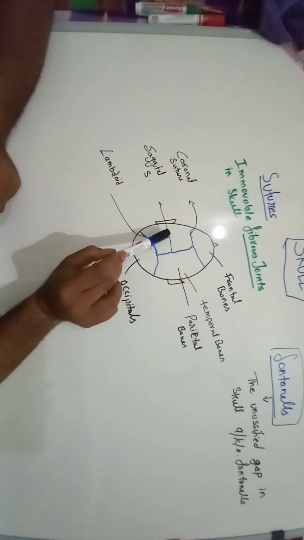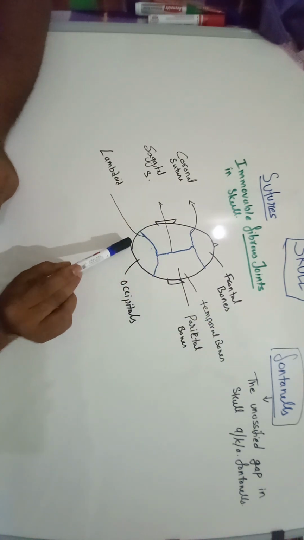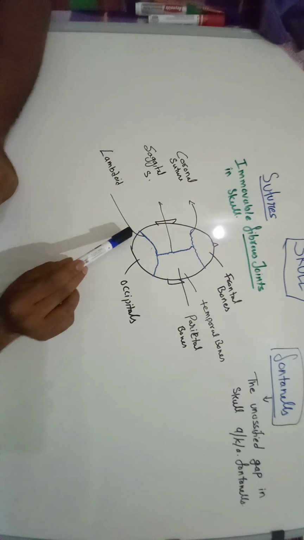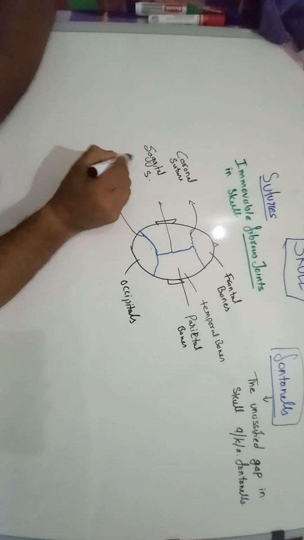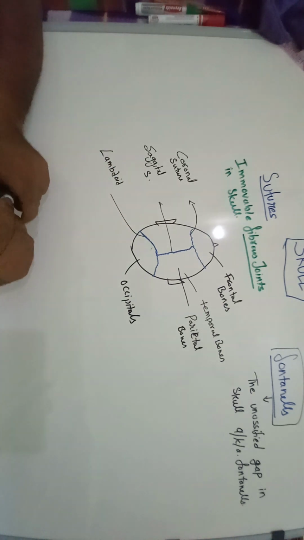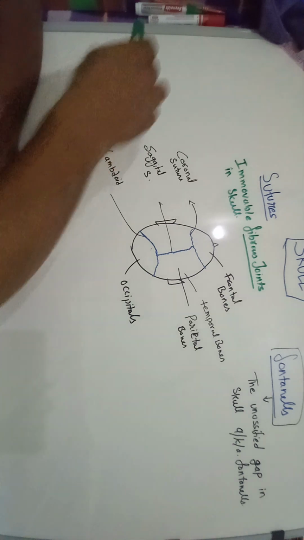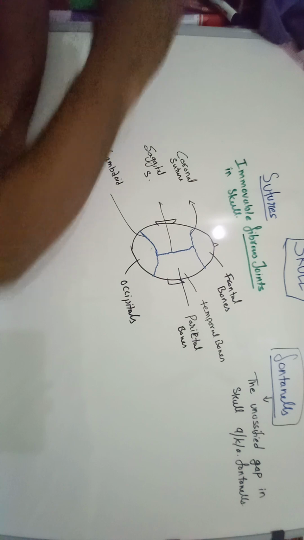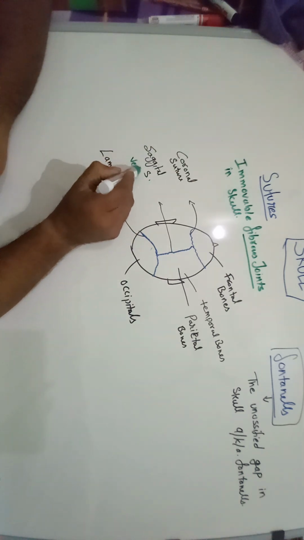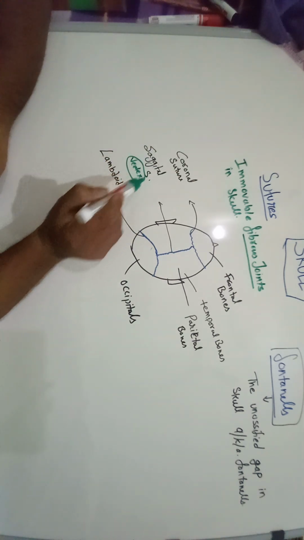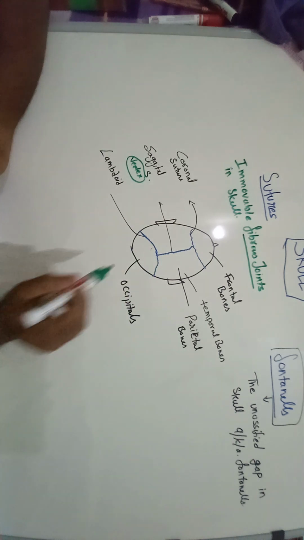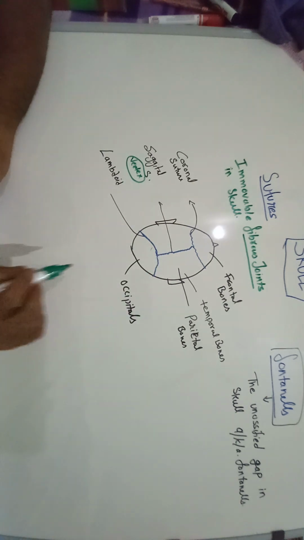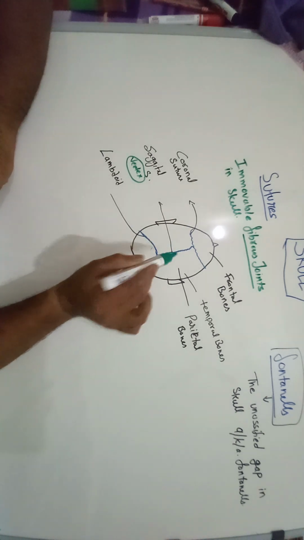The second is the sagittal suture, and the third is the lambdoid suture. The sagittal area is also called the vertex. When you come to the clinical, the vertex is very important. The vertex is situated in the parietal bones.